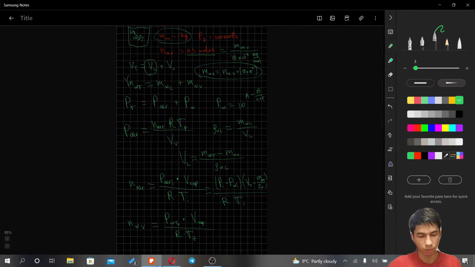So now, as we have all our required equations, we can solve for V total, and we can use these two equations and our Python code to obtain the value using the root solve function.